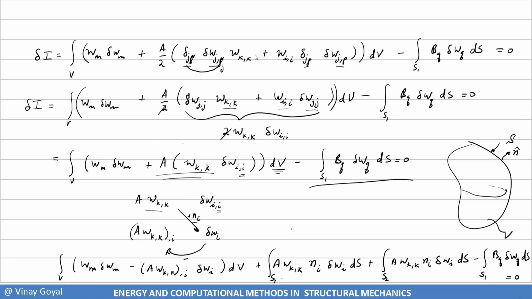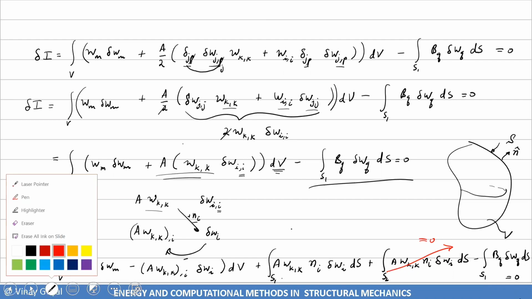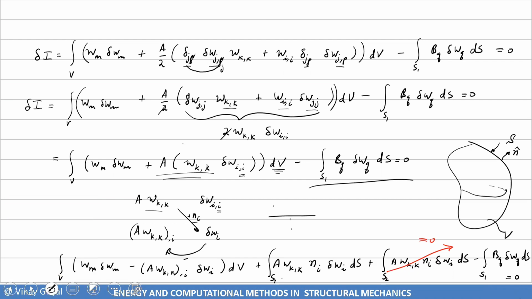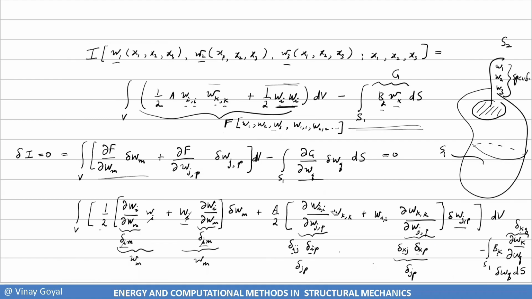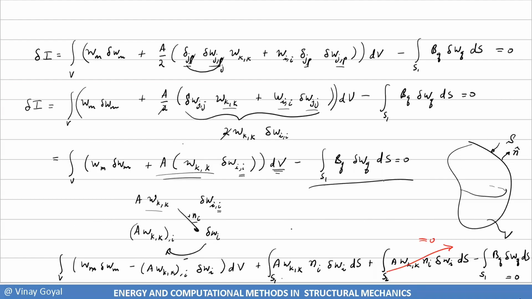And so now we can evaluate. So this term goes to 0 because that term, if you recall, I had stated, and I apologize for these marks, but I've stated that on surface S2, W1, W2, W3 are specified, and for that reason, this goes to 0 because then del is 0 at the locations where the boundary conditions are specified.